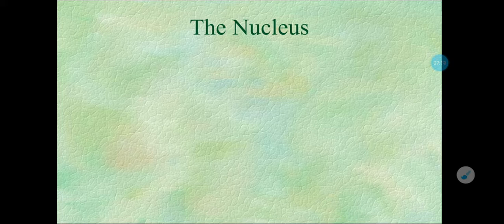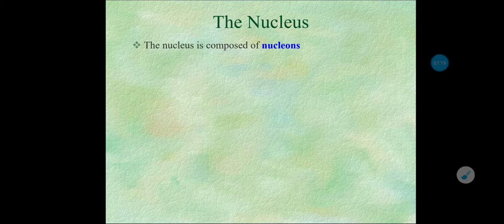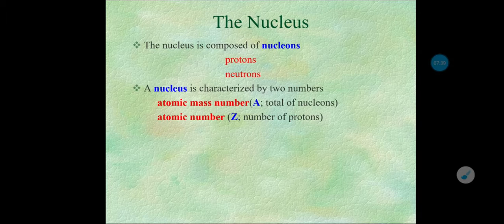The nucleus is composed of nucleons. What are nucleons? Protons and neutrons. These two are present in the nucleus and are commonly called nucleons. A nucleus is characterized by two numbers.